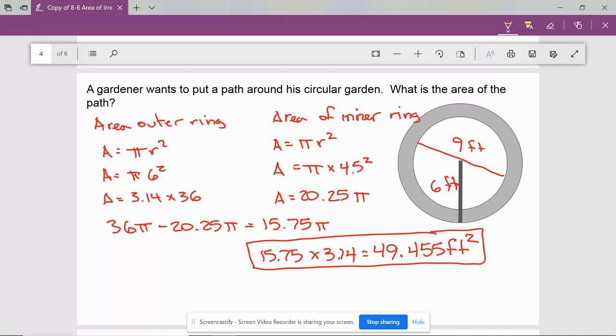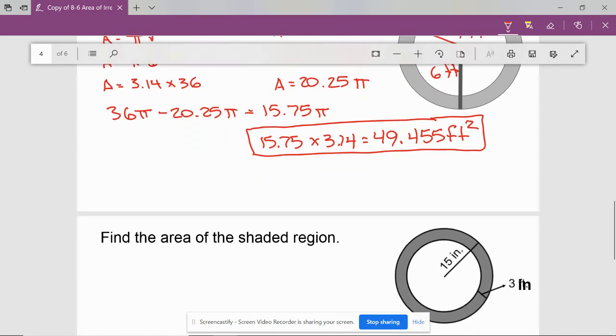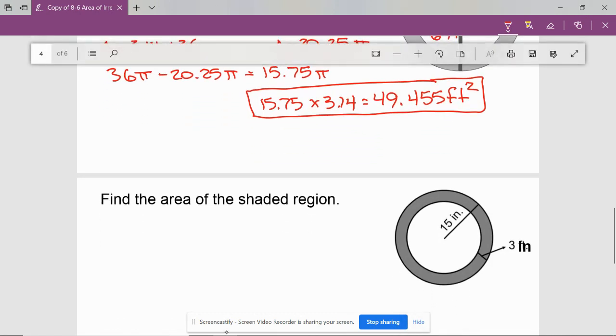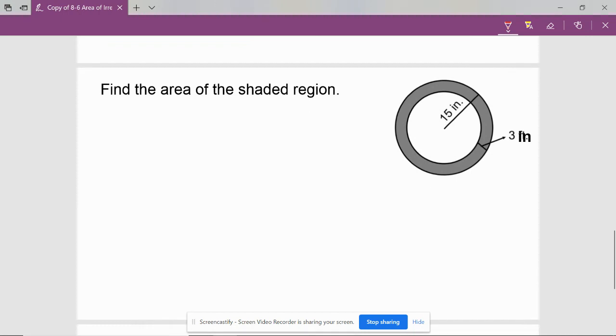We're going to do one more. As we go forward, find the area of the shaded region, which would be the outside path. This is the same problem we just did.